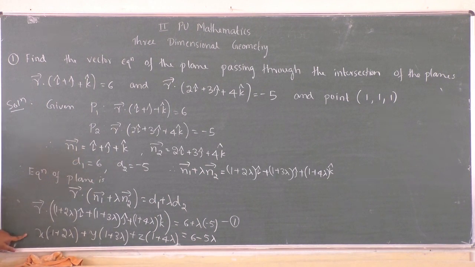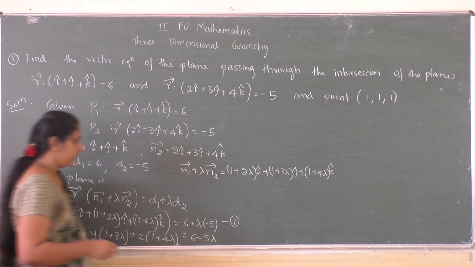So this is the equation of the plane, but it is already given that the required plane is passing through the point 1, 1, 1. So 1, 1, 1 must satisfy this equation.